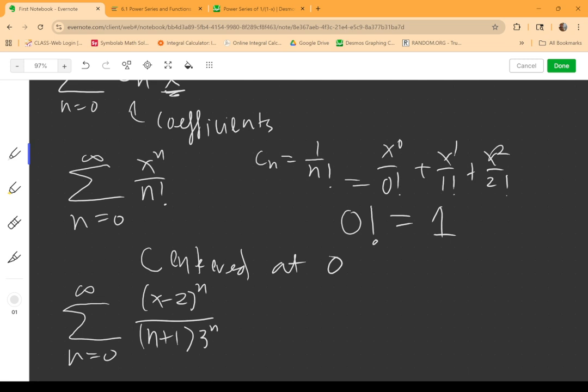This is a power series as well, because the only difference here is that the c sub n's are 1 over n plus 1 times 3 to the n, and it's no longer just x to the n, it's x minus 2 to the n. Now the center is no longer at 0. The center is at x equals 2.